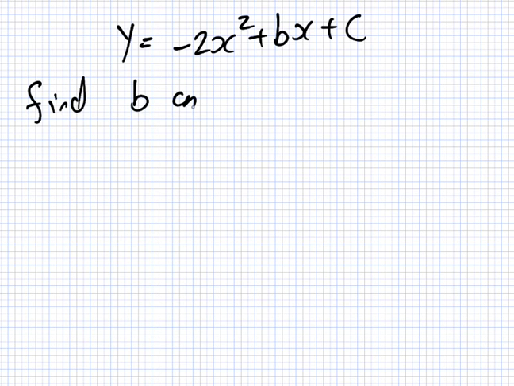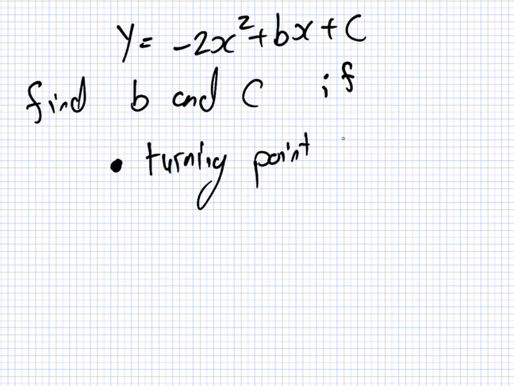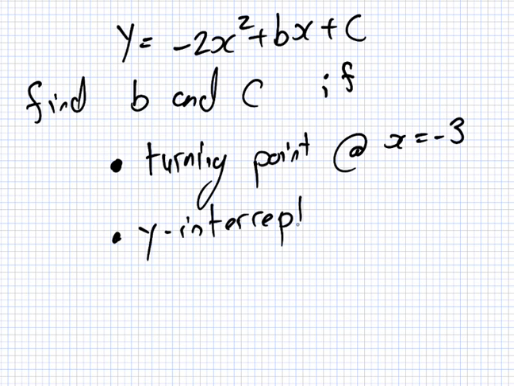Find b and c if the turning point is at x equals minus 3, and also if the y-intercept is at y equals minus 134.